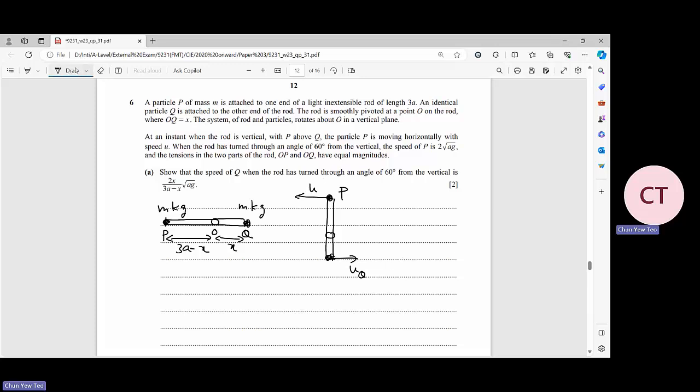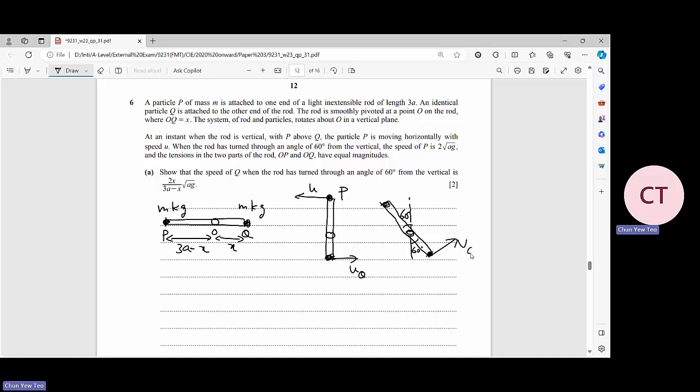Then, when the rod turns through 60 degrees from the vertical, the speed of P is 2 square root of ag. So when it has turned to become this, this one is 60 degrees.